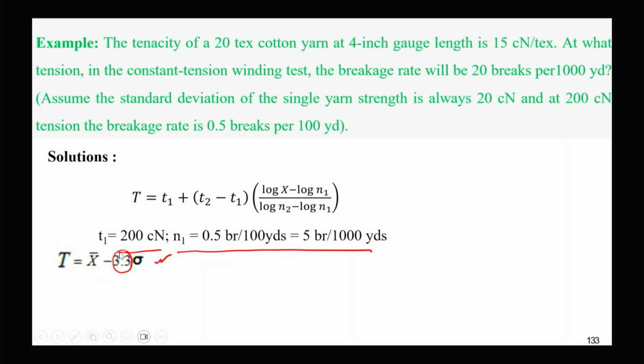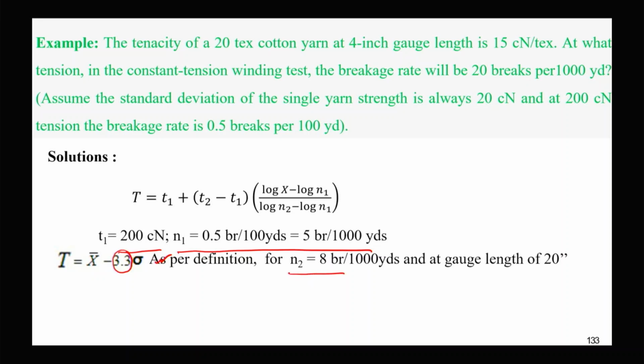What is the target value? 20 inch gauge length and 8 breaks per 1000 yards. So we will get the breakage rate 8 breaks per 1000 yards at gauge length 20 inch.